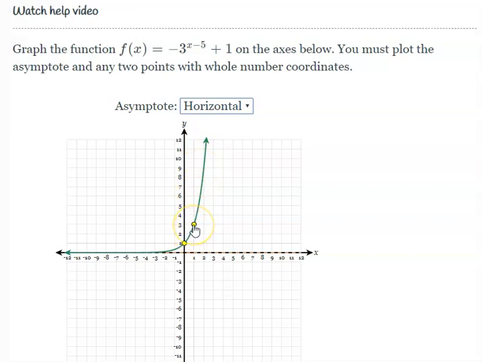That means any point gets reflected the same amount over the x-axis. So down 3 on the other side of the x-axis, and this point is down 1 to the other side of the x-axis. Okay, so it's been reflected. Now we shift up 1. The asymptote goes first, and then each point goes up 1. And then we shift to the right 5.